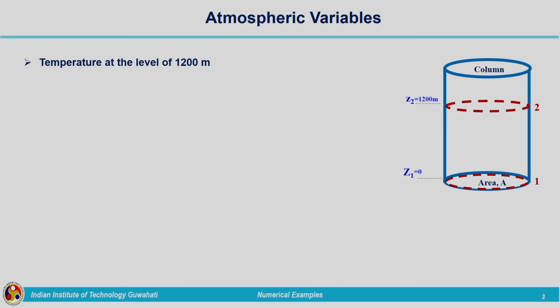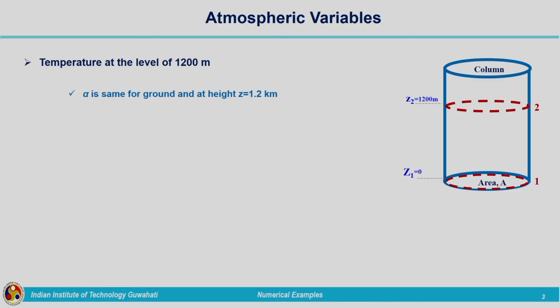Now, let us start solving the problem. Temperature at the level of 1200 meters we need to determine. Temperature, pressure, all these values at the ground level are already given to us. We have the expression relating the temperature and pressure variability as the altitude increases.